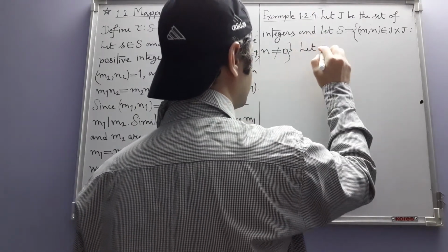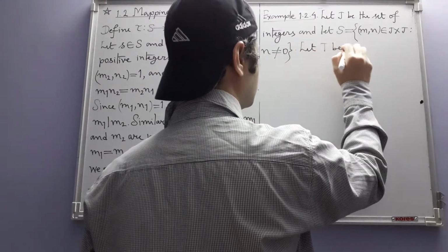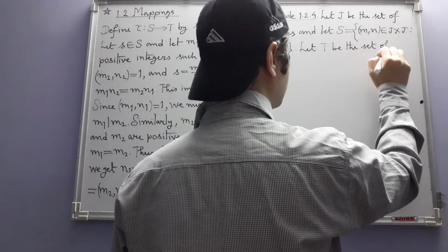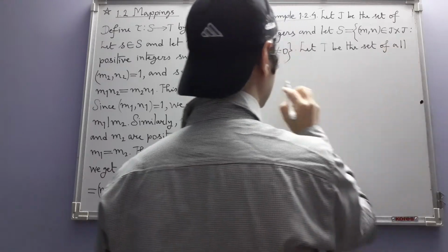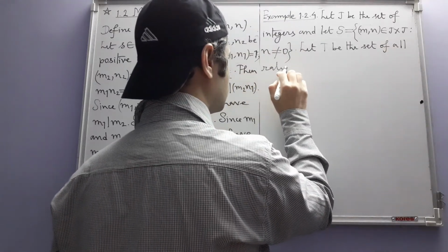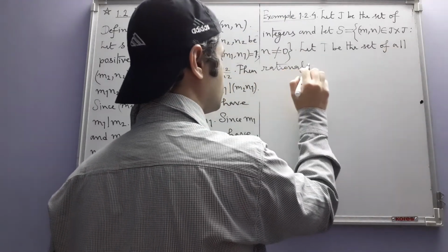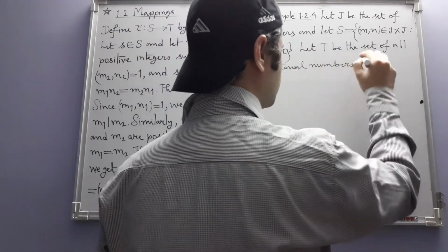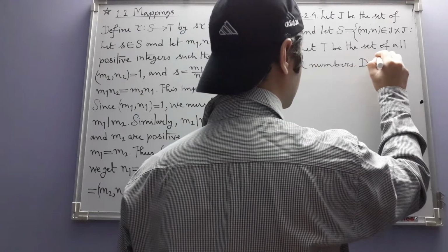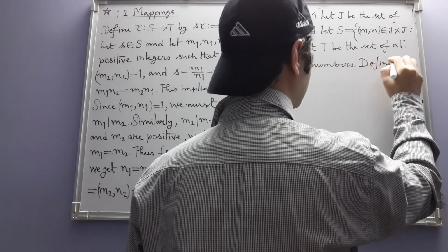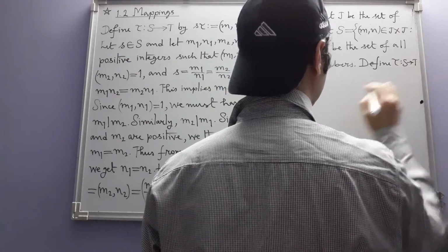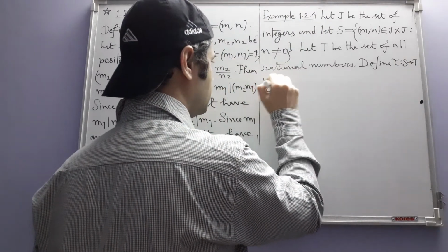Let T be the set of all rational numbers. Define tau from S to T by this.